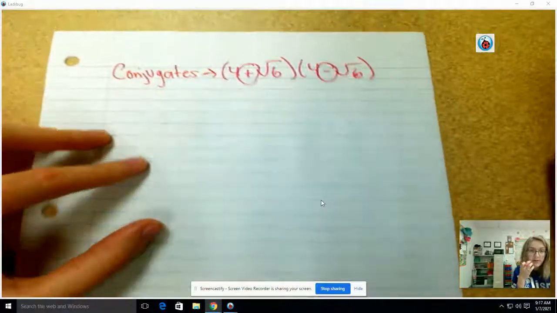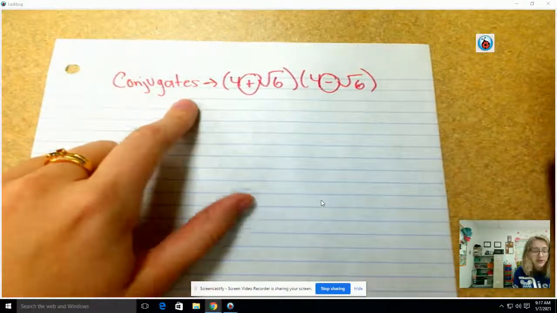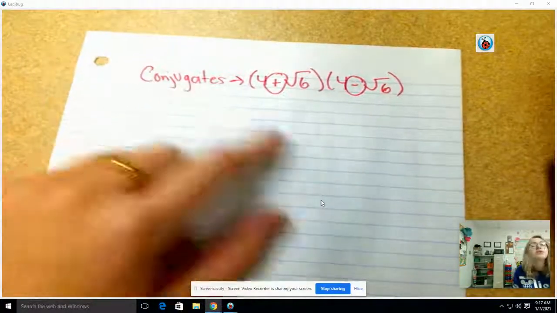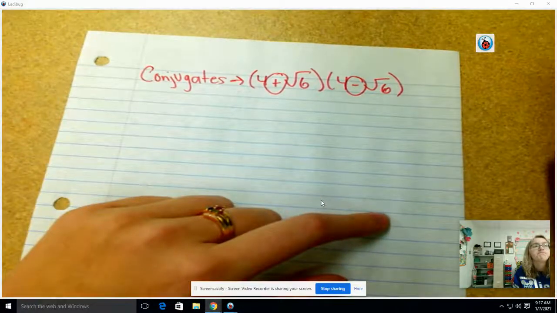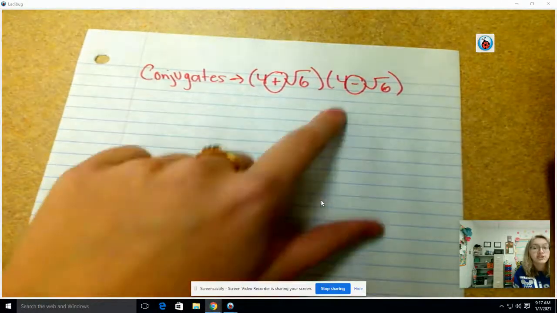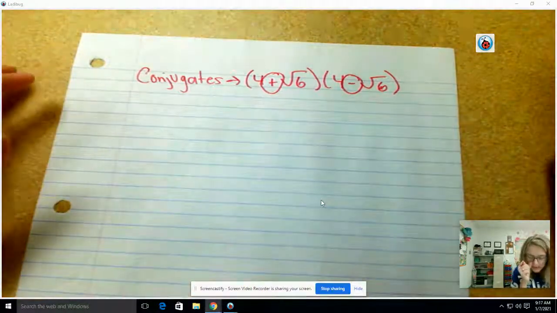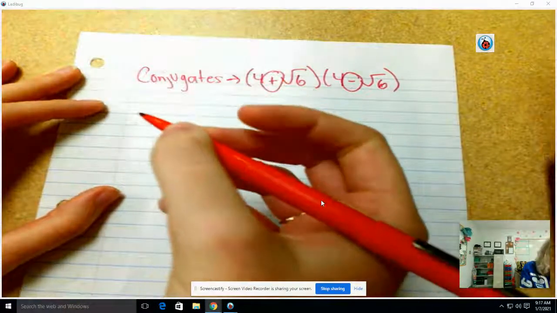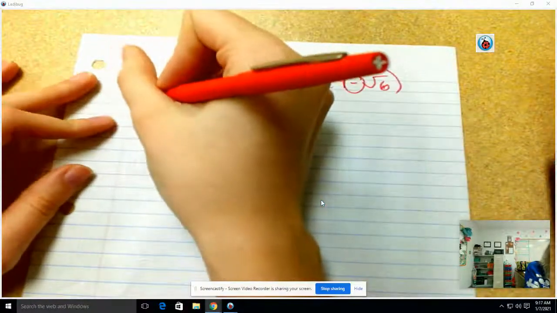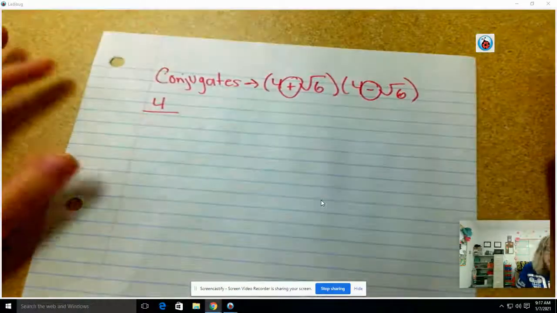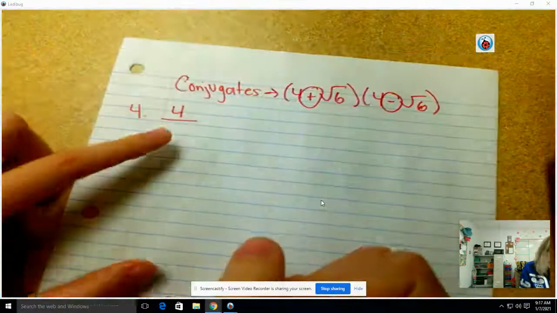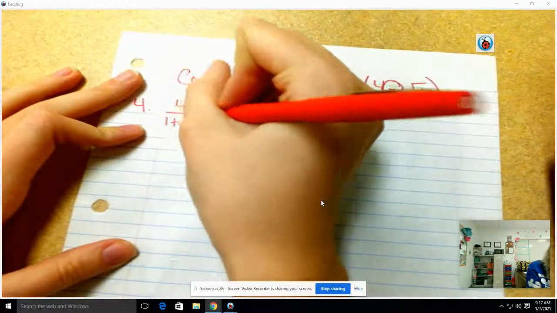Well, this will segue us into our next example. Sometimes you'll be given expressions such as Example 4: 4 over 1 plus radical 3. A few learning targets ago, we learned how to rationalize if we had something like 5 over radical 2.